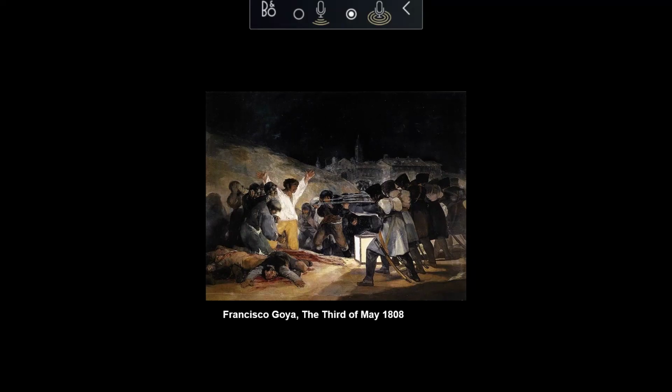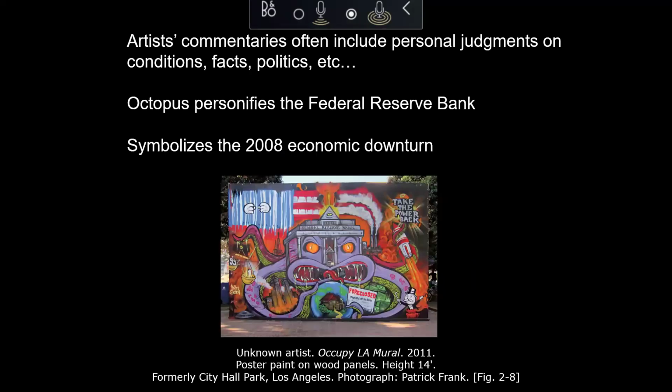And Goya is making sure that people never forget. Now, this one right here, artist commentaries often include personal judgments on conditions, facts, politics, etc. So yes, we're just looking at Goya's viewpoints, right? Quite sympathetic towards Spain, right?